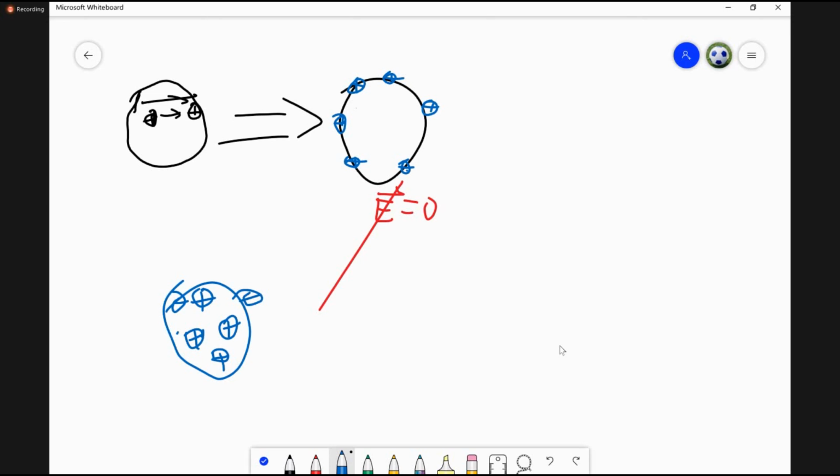But very commonly in problems, we use non-conducting material with a uniform distribution. That is a very common one, because if you have a uniform distribution, we can just use a charge density to represent its charge distribution.